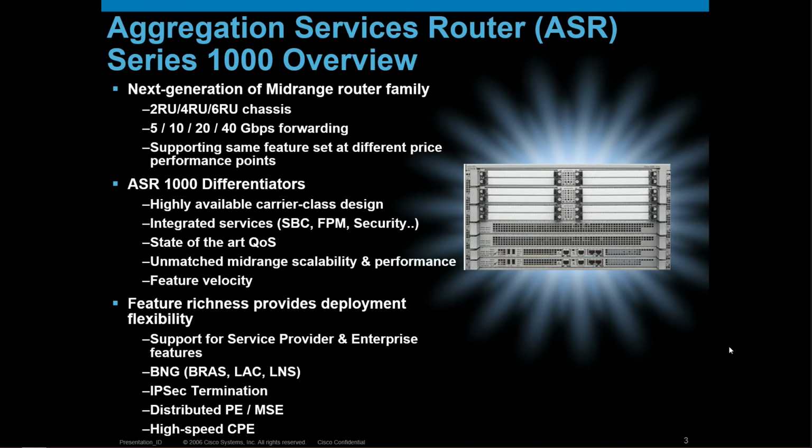Pretty similar to the CRS series, except they use slightly different units, and they're smaller and cheaper. Again, it's made for high availability. It's made for mid-range, not high range, not low range, but mid-range scalability and performance.